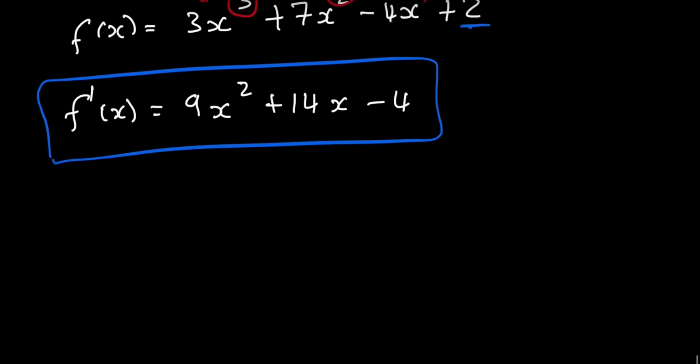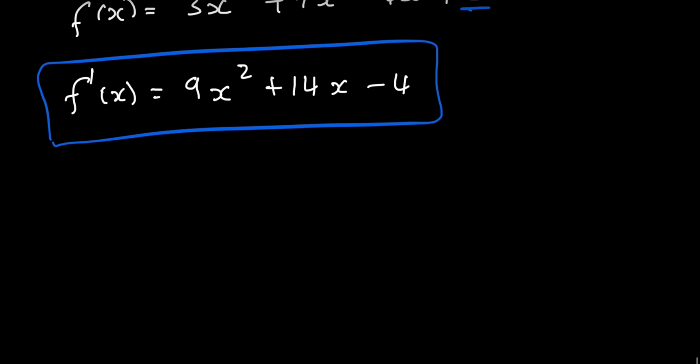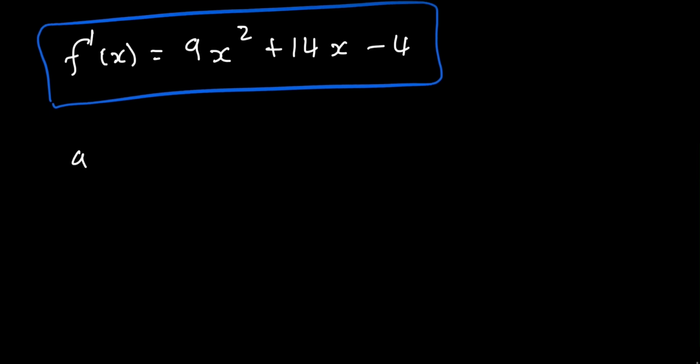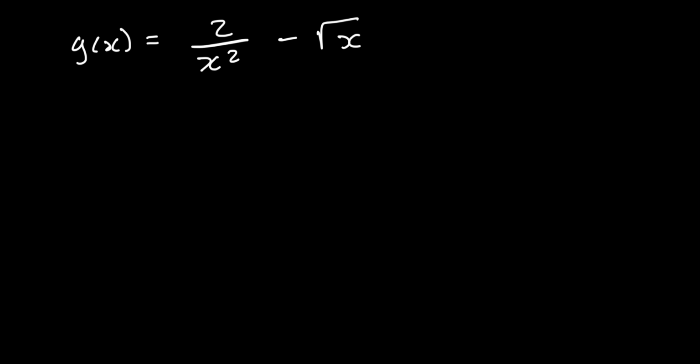So now let us keep on practicing how to find this. Let's say, for example, we have the following: g of x being equal to 2 over x squared minus square root of x. So how would we actually find the first derivative of this? Before we can apply the rule that the exponent will multiply with the coefficient and then we minus the exponent by 1, we have to first simplify.